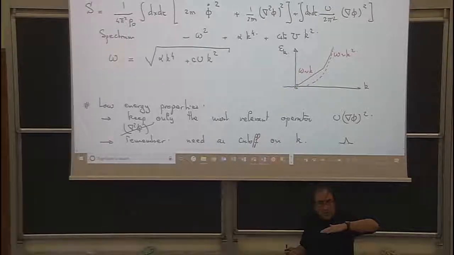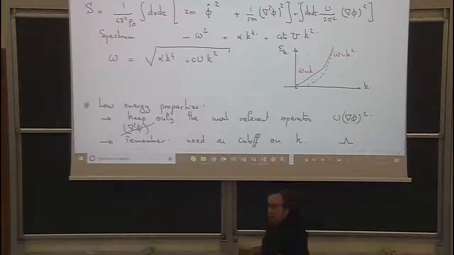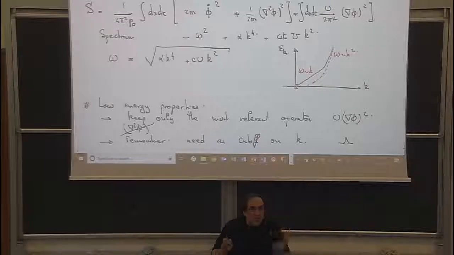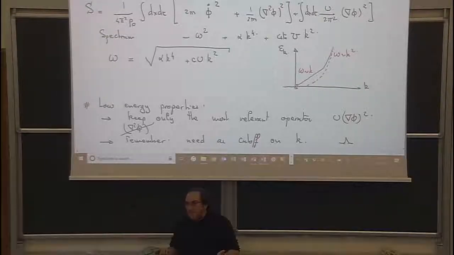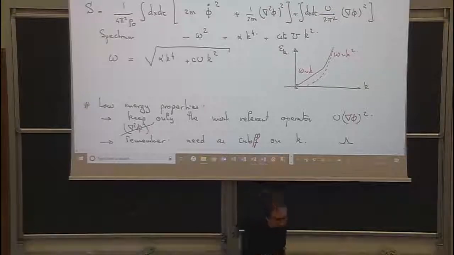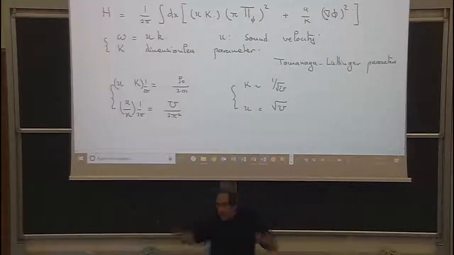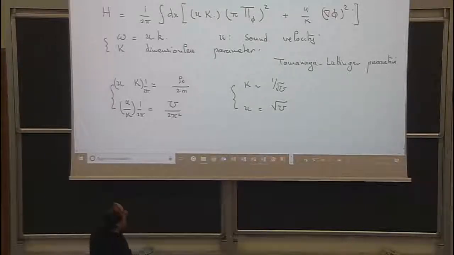But if the interaction is finite, I get a part of the spectrum which is strictly linear. And that's good. We would like this to happen because we know in 3D, in a superfluid, this is what Bogolyubov tells us. Okay, so we are happy with that. This other number, K, well, it is what it is. And we don't know what it is used for, but we will see that after the break.